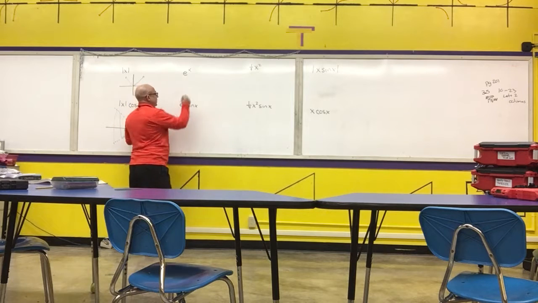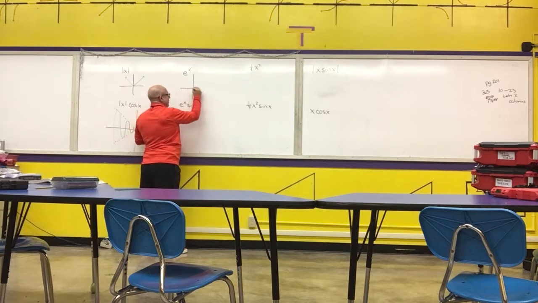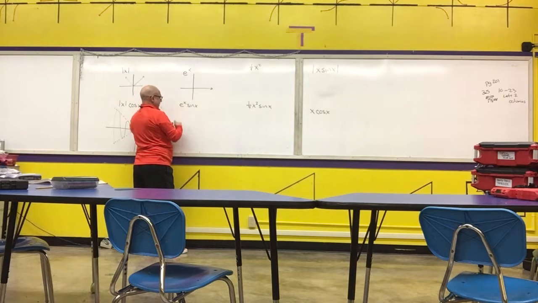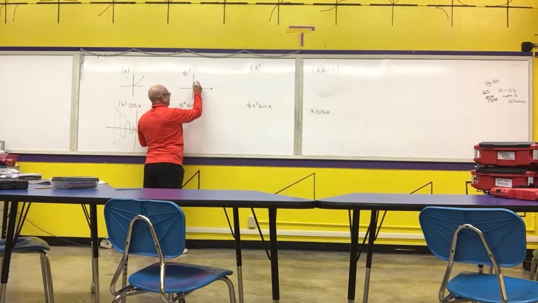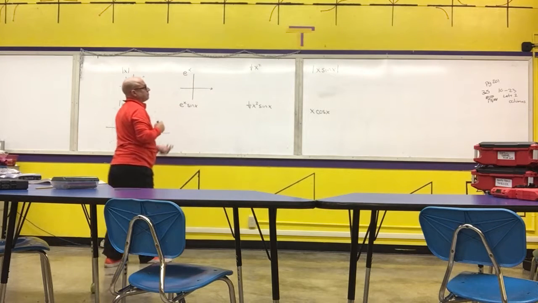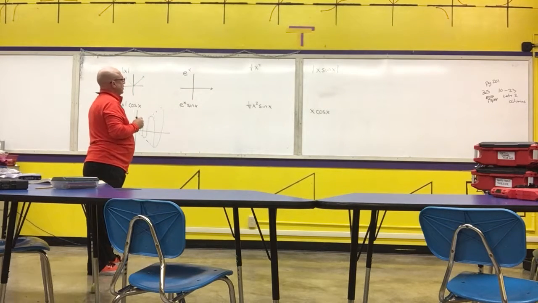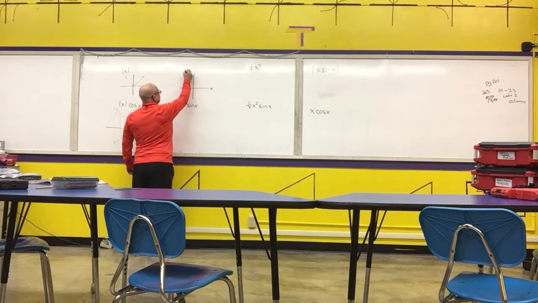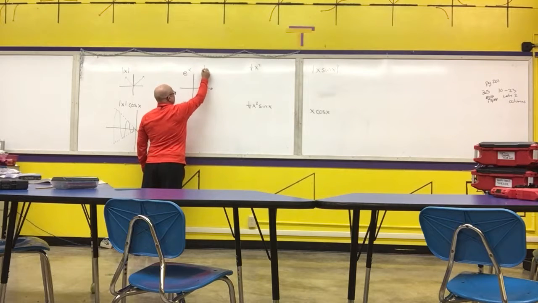For the next graph, e to the x sine of x, or e to the x cosine of x, actually, I'm going to do e to the negative x, which is 1 over e to the x.